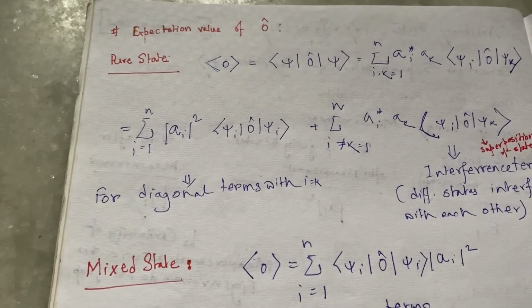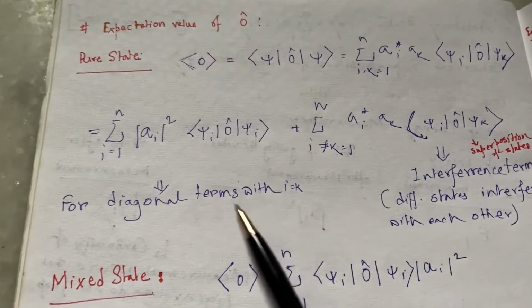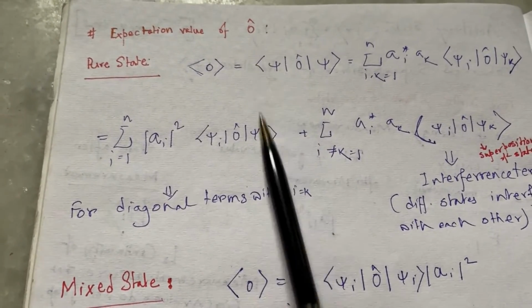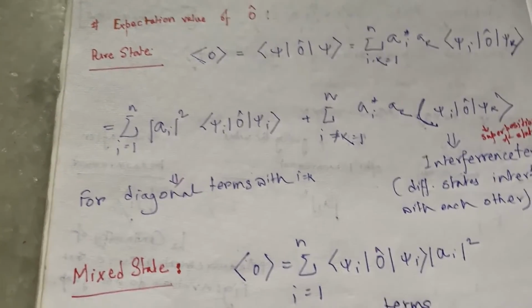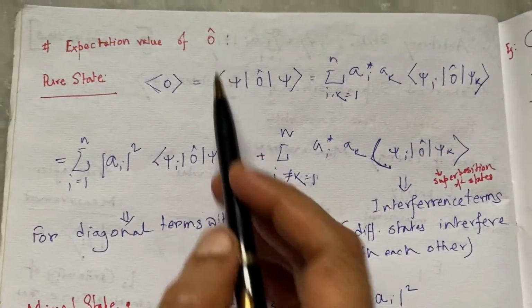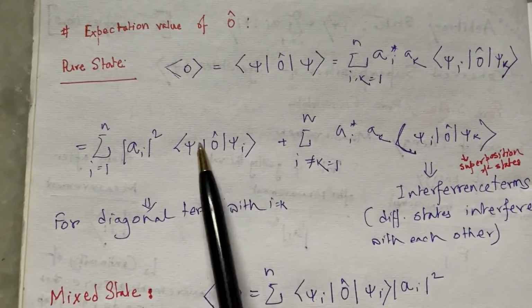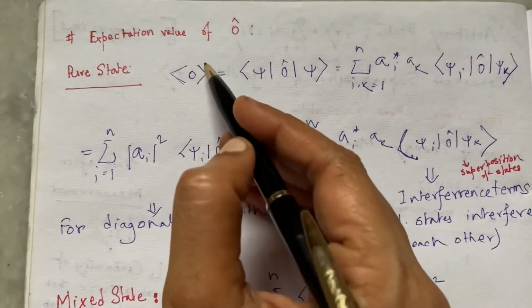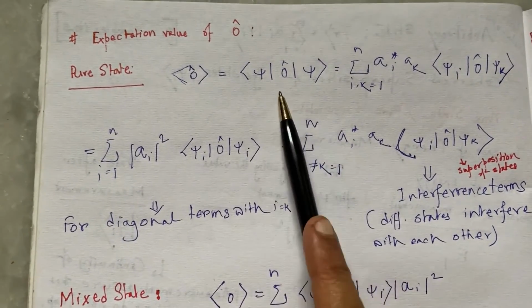We learned some basic things about ensembles. Now the expectation value of an observable O, which is represented by the operator O hat, in a pure state, if we measure this observable O, then its expectation value will look like this.